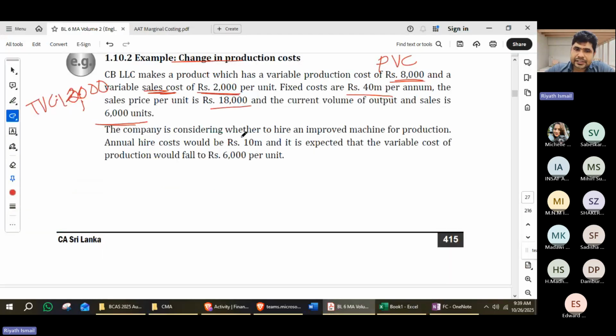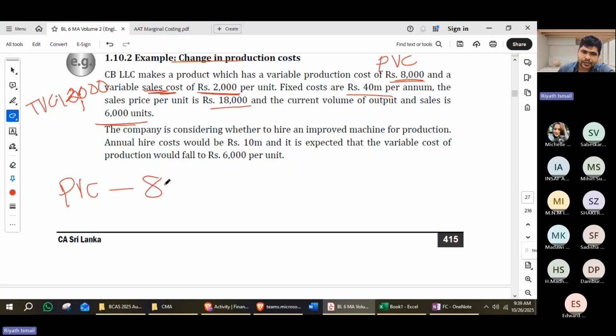Now the company is considering whether to hire an improved machine for production. The annual hiring cost would be 10 million, and it is expected that the variable cost of production falls to 6,000 per unit. The existing production variable cost is 8,000.